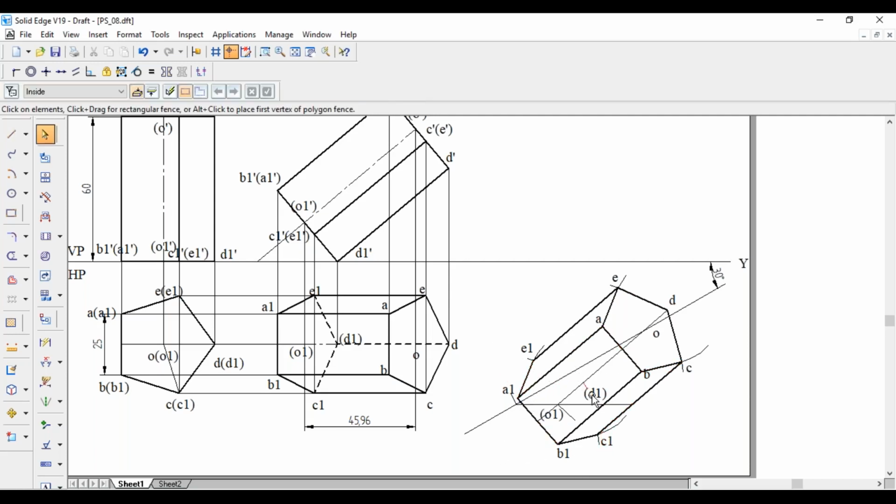Next, C1 D1 and D1 E1 are dotted lines. C1 to D1, D1 to E1 dotted lines.